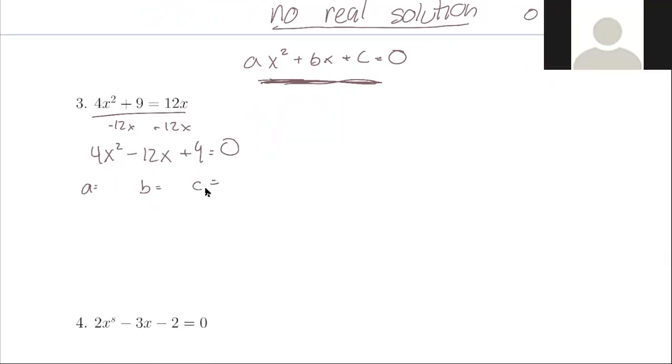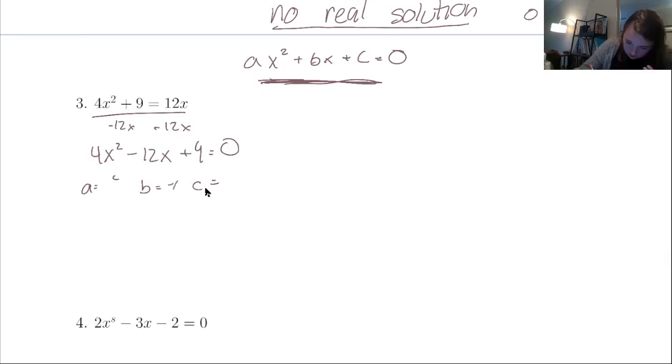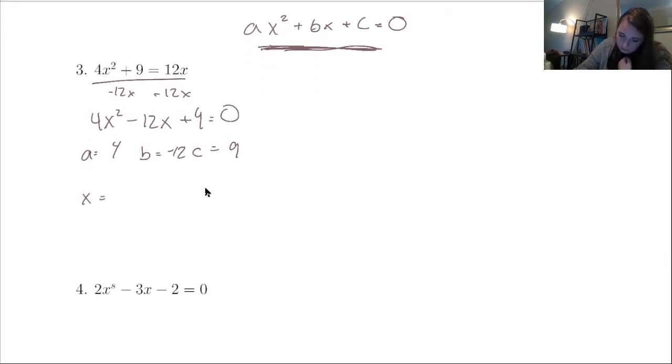A is 4, B is -12, and C is 9. Perfect. All right. So I'm going to pop to my quadratic formula.